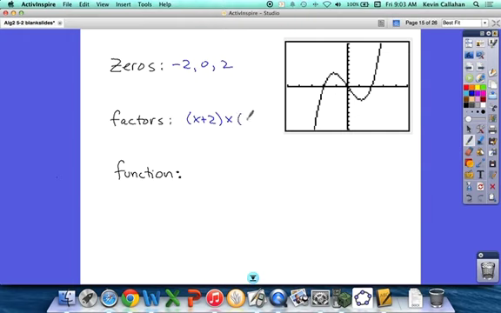And then x plus 2, x minus 2. And, you know, you wouldn't leave the x in the middle there. I'm sure you'd write it first, like x times x plus 2 times x minus 2. So what is the function? y equals.